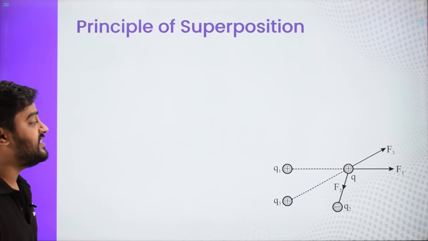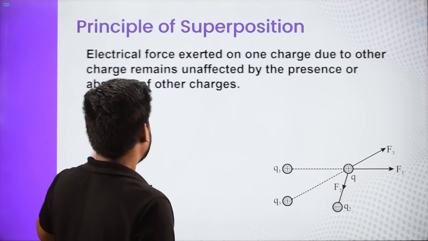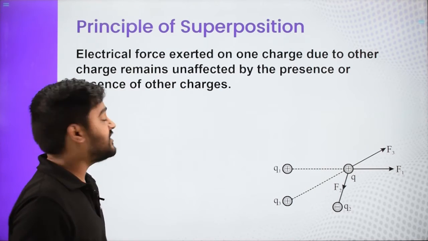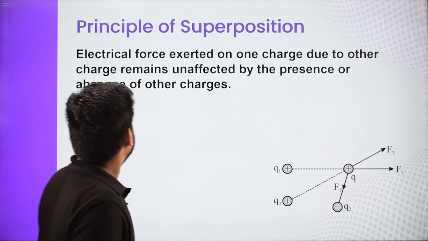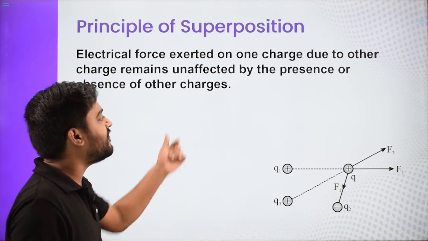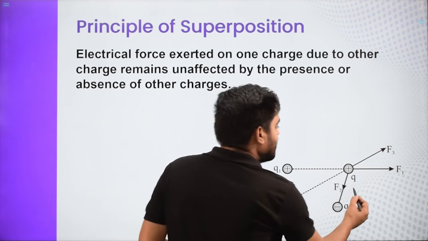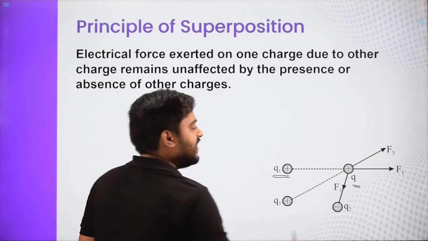Now let us discuss the principle of superposition. What does the principle of superposition say? As per the principle of superposition, the electrical force exerted on one charge due to another charge remains unaffected by the presence or absence of the other charges. So let us say this is the charge Q and the force due to charge 1 will be F1.